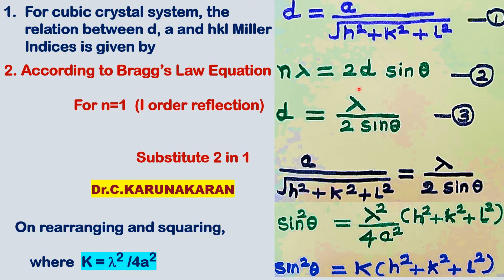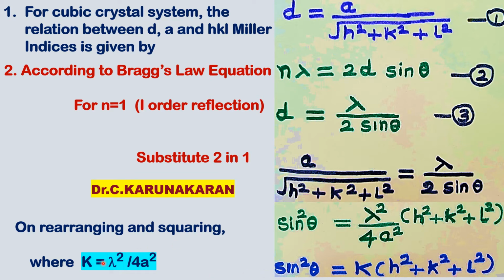Let us substitute d in this equation, equation 1 in 3. On rearranging, let us take out sine theta, and on squaring and rearranging the equation, sine square theta equal to lambda square by 4a square into h square plus k square plus l square.